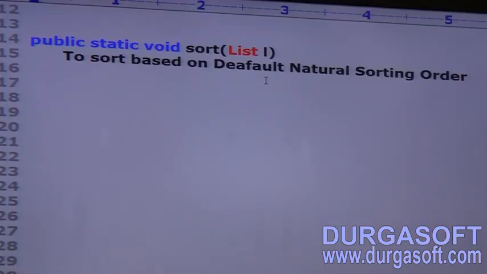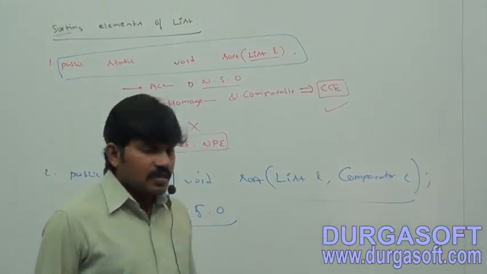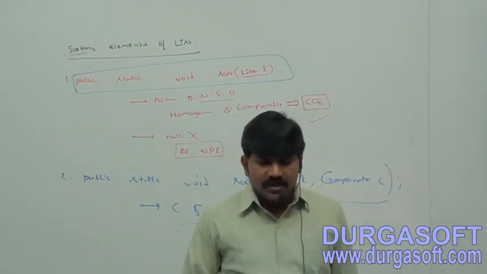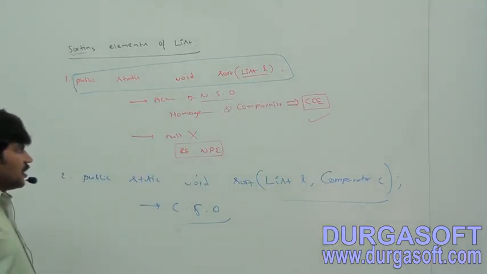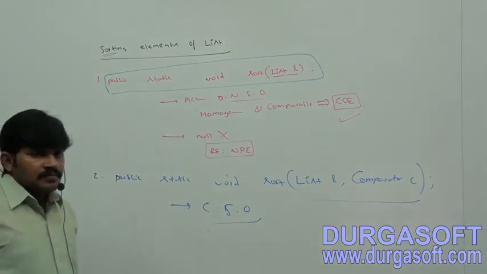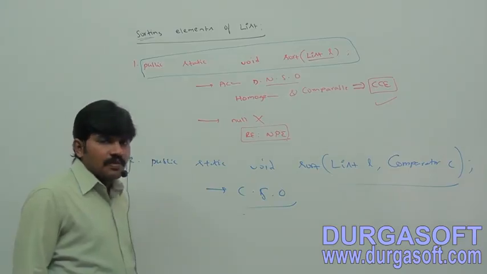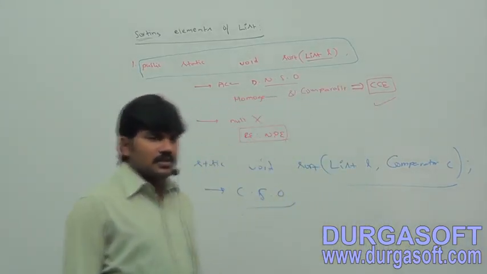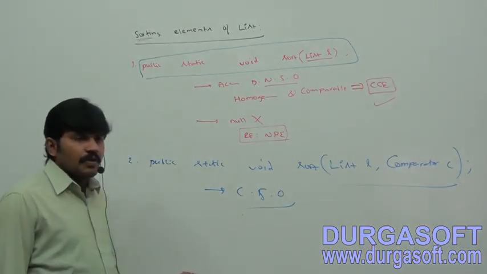In this case, the list should compulsorily contain homogeneous and comparable objects.